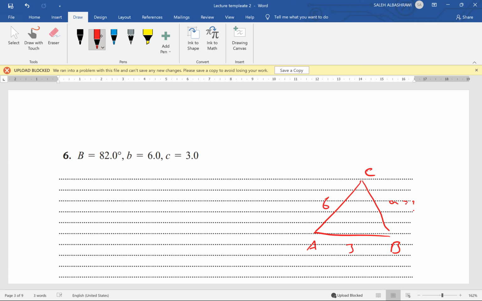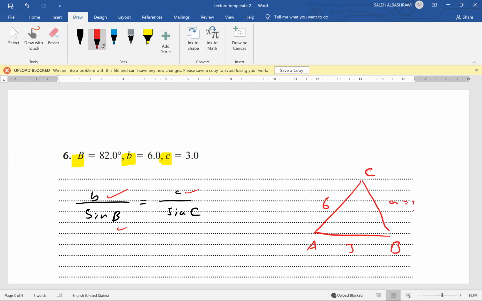Start with that. Since we have b, small b, and c, I know that we have b over sine of capital B equal to c over sine capital C. We have small b, we have capital B, we have c.